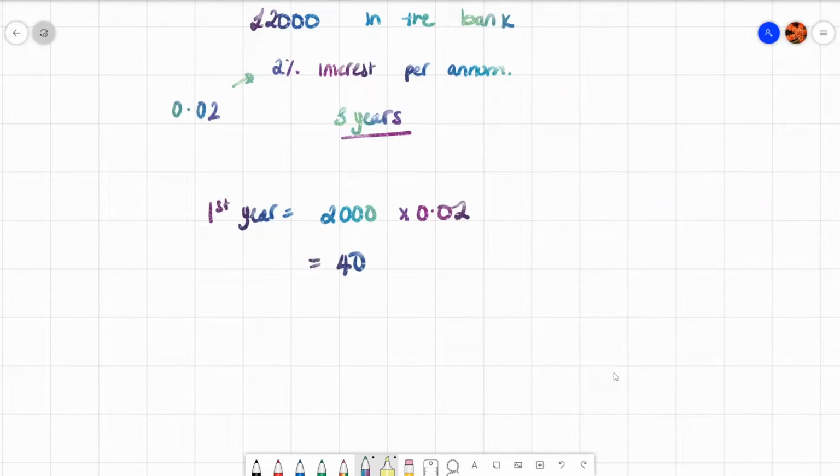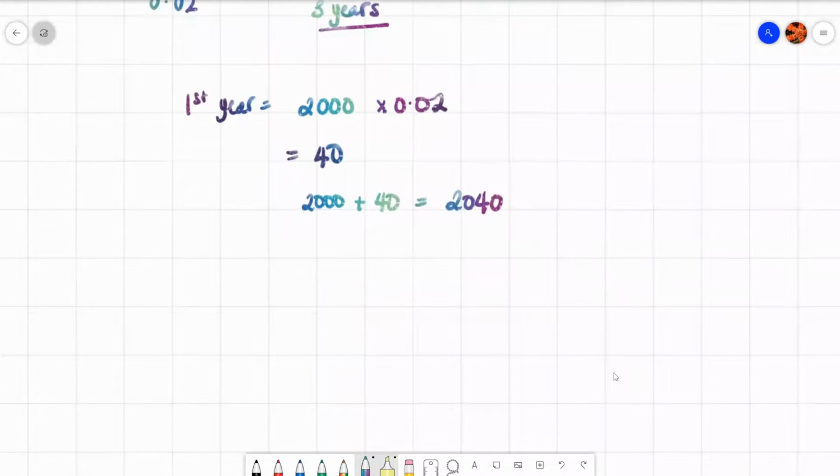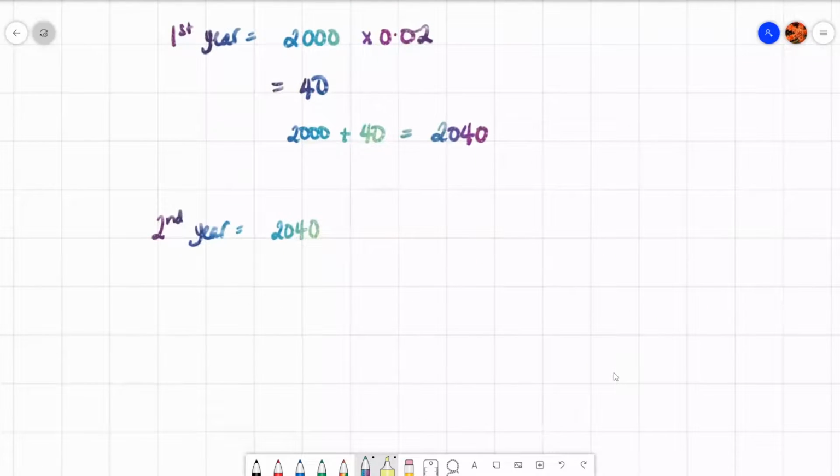Okay, so now I started off with £2,000 and the interest that I got was £40. So I've now ended up with £2,040. My second year, I had £2,040 to start off with and I get 2% more than that.